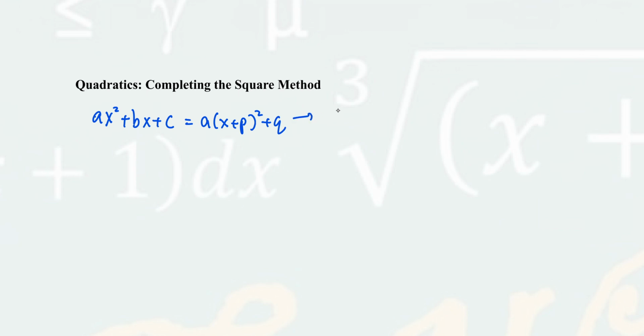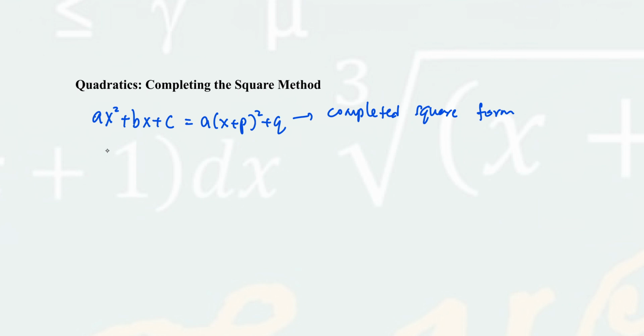So this is the completed square form. Now the process to get this form is called completing the square method.